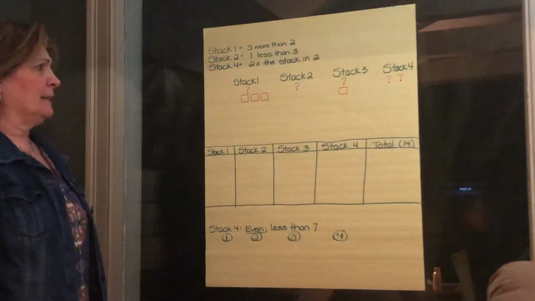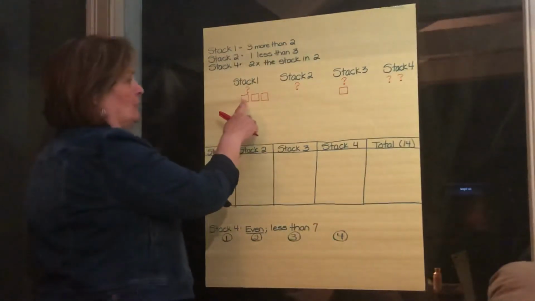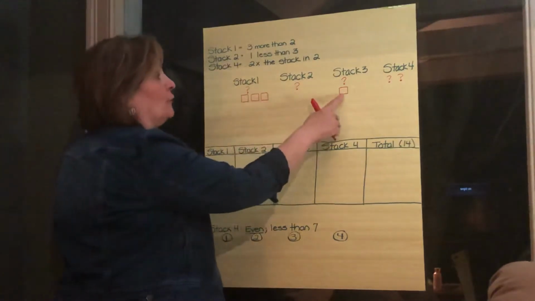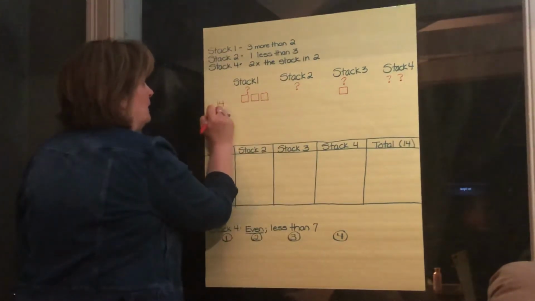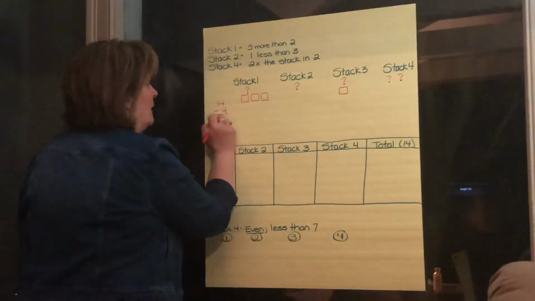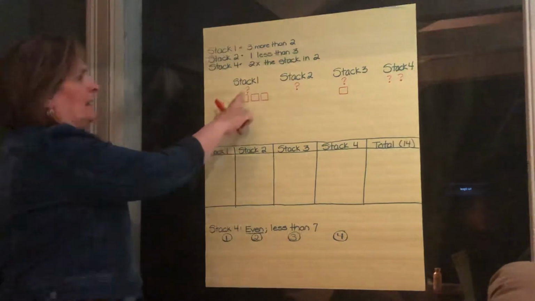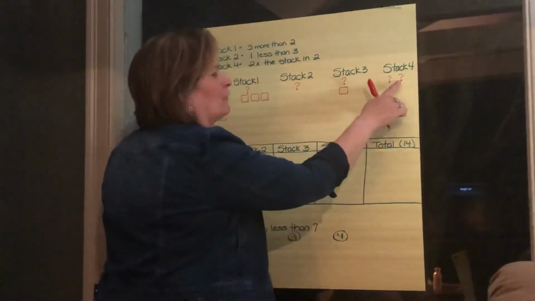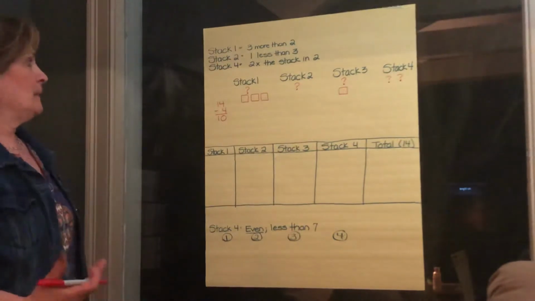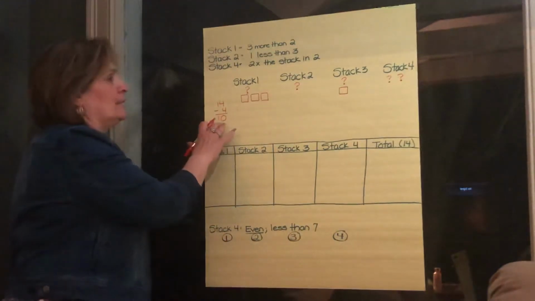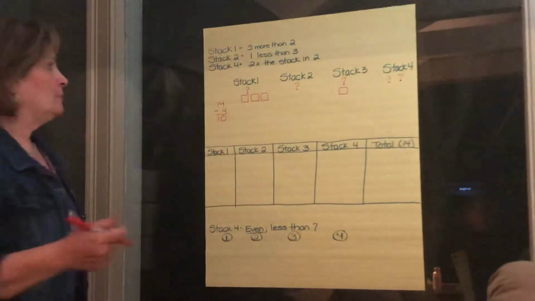So then what I did is I said, okay, I know that there's 1, 2, 3, 4 blocks that we've used. So that's 14 minus 4, and that gives us 10. And I also know I have 1, 2, 3, 4, 5 question marks. Well, if I have 5 question marks and I have 10 blocks left over, that means that each question mark is 2 blocks.